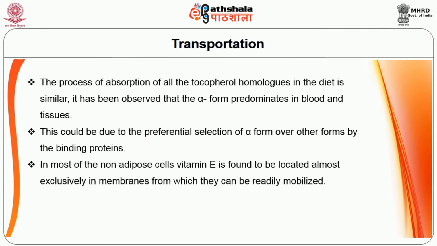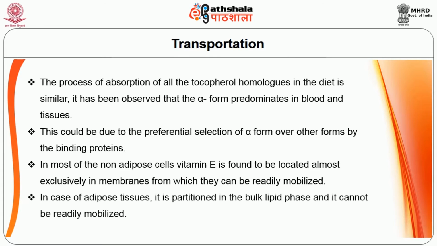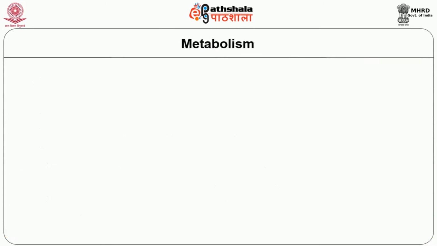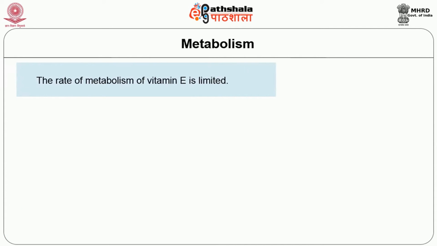In most of the non-adipose cells, vitamin E is found to be located almost exclusively in membranes from which it can be readily mobilized. In case of adipose tissues, it is partitioned in the bulk lipid phase and it cannot be readily mobilized. The rate of metabolism of vitamin E is said to be limited.